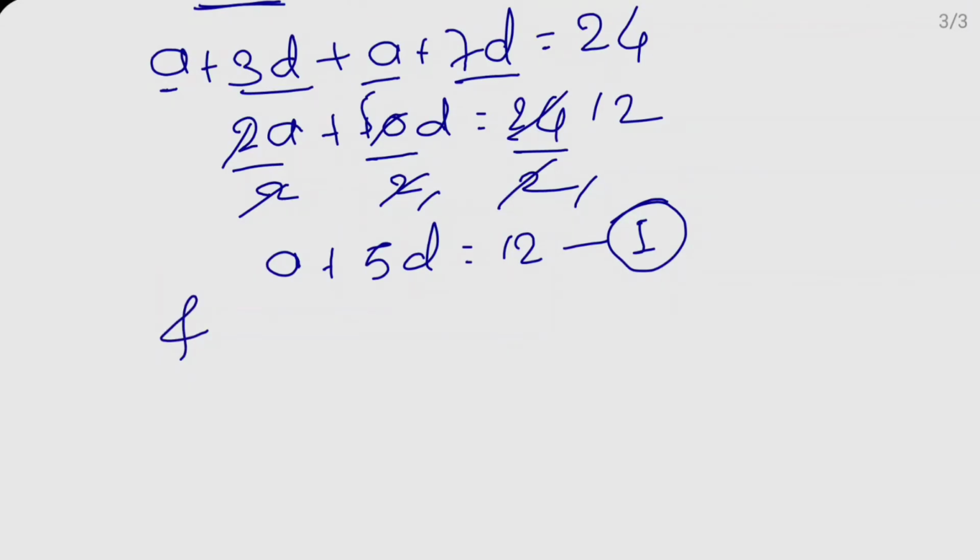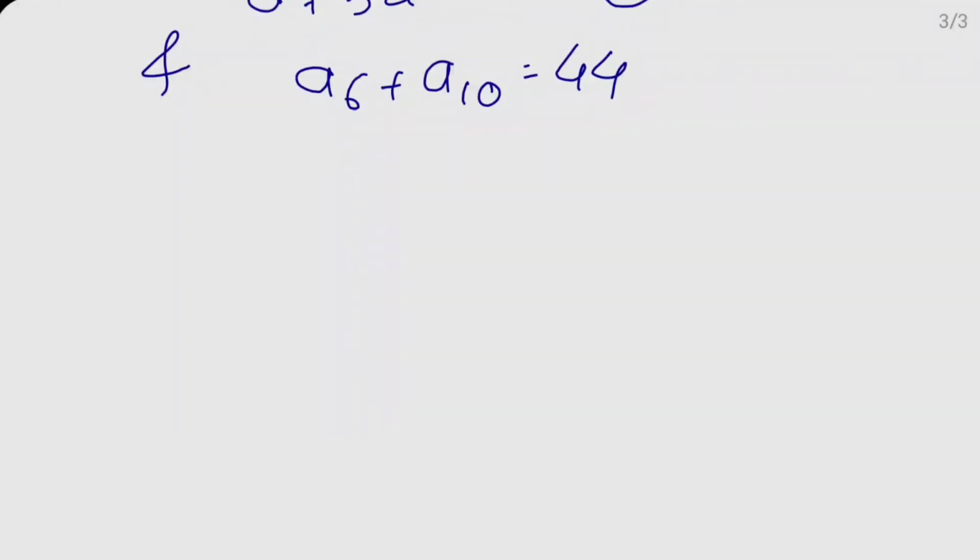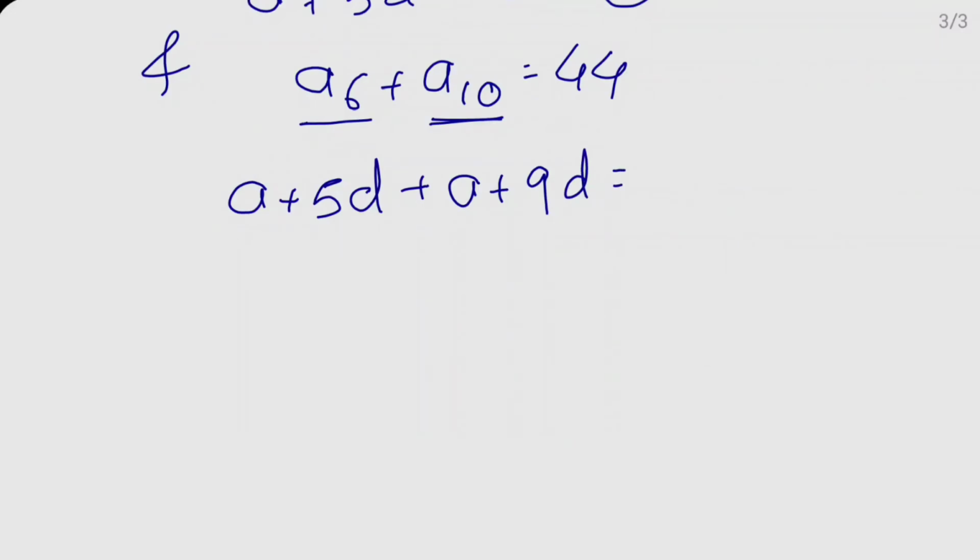The sum of 6th term and 10th term is 44. It means a6 plus a10 equal to 44. So now a6 we can write a plus 5d and plus a10 we can write a plus 9d and this equal to 44 as it is.